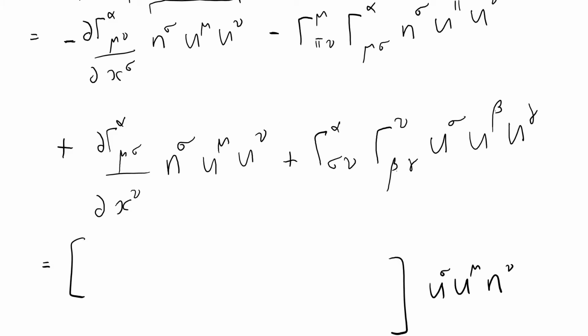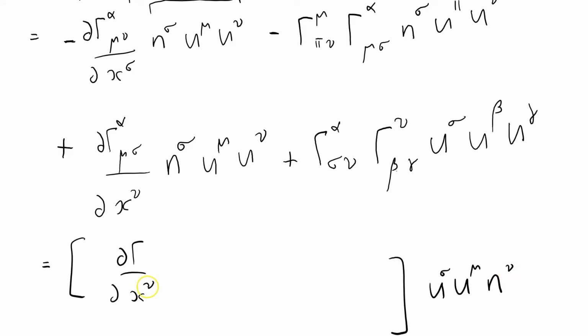But let's start with this one. We've got a di by di x. Okay, so the sigma sums with the n, and the n is a nu, so that's got to be a nu.